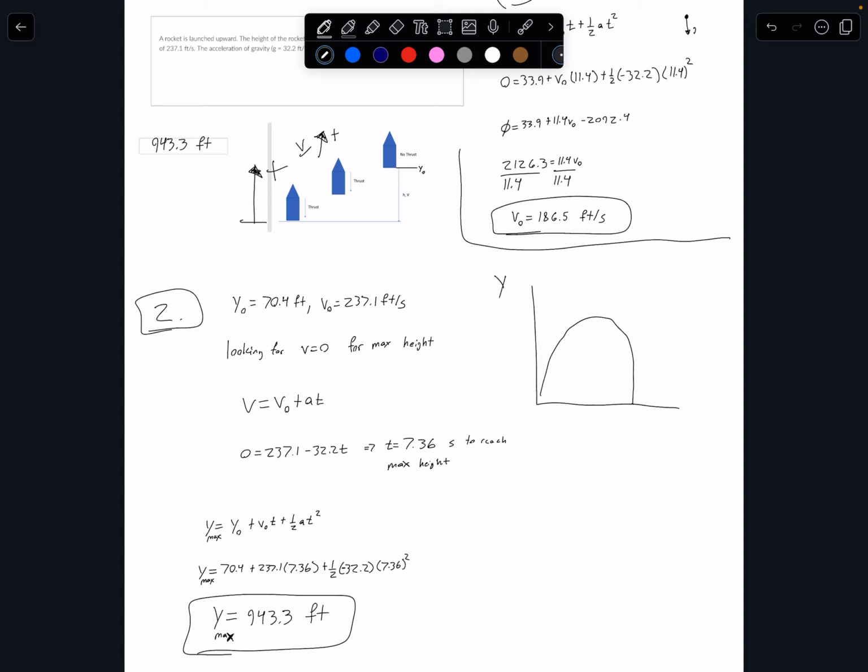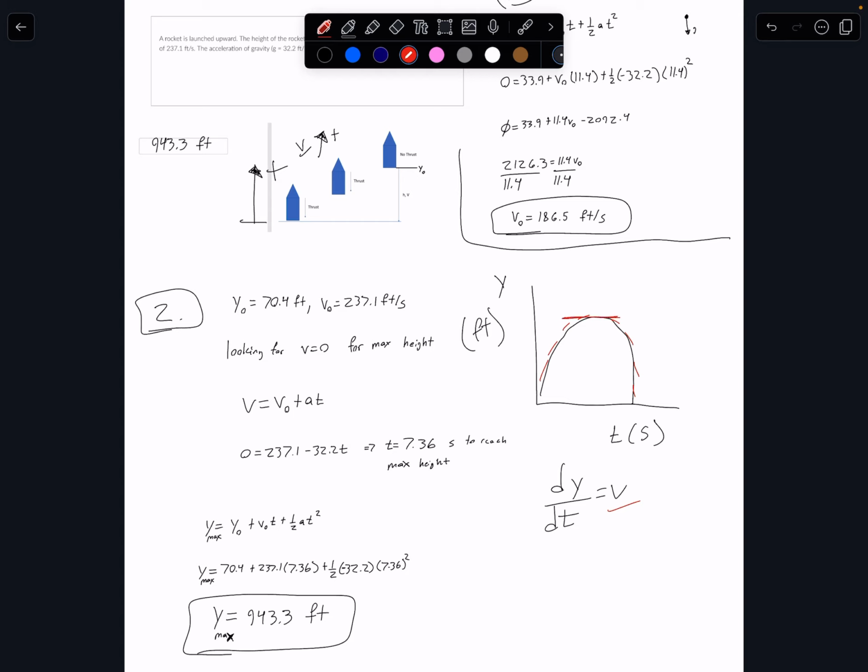Let's put this as y in feet versus t in seconds. We know that dy over dt is equal to velocity, so the instantaneous slope at any of these points is the velocity there.